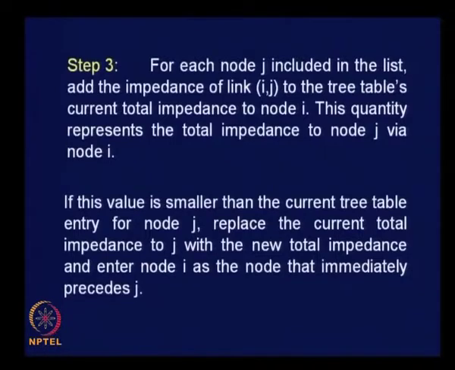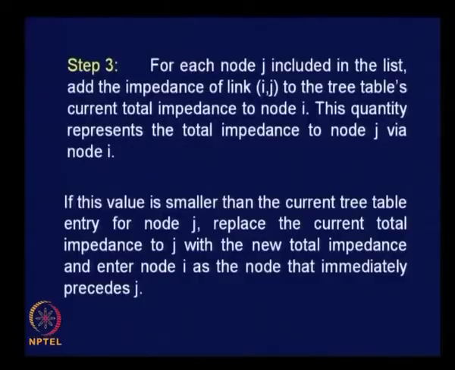If this value is smaller than the current tree table entry for node j, replace the current total impedance to j with the new total impedance and enter node I as the node that immediately precedes j. I should repeat to make things a little clear. Node j can be accessed by different alternative routes. Let us say we have already got some value as a cumulative travel time for j, and we are again calculating the cumulative travel time by another route to the same point j.